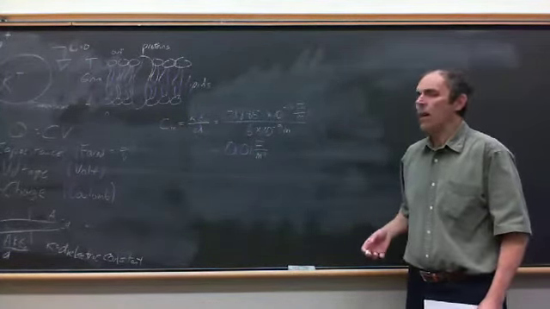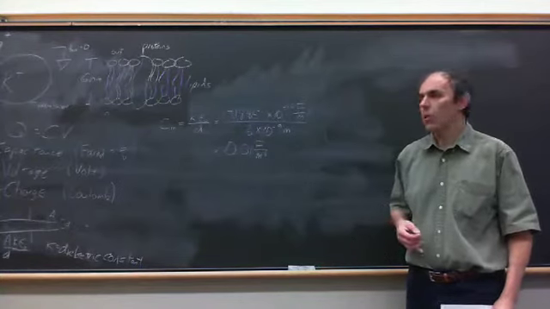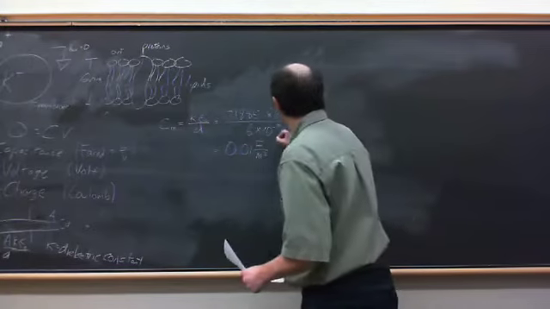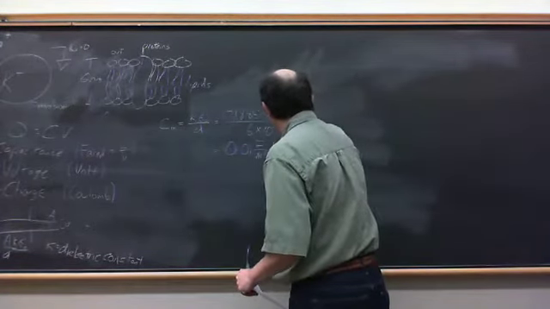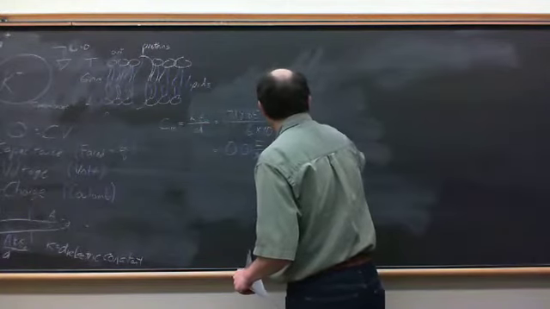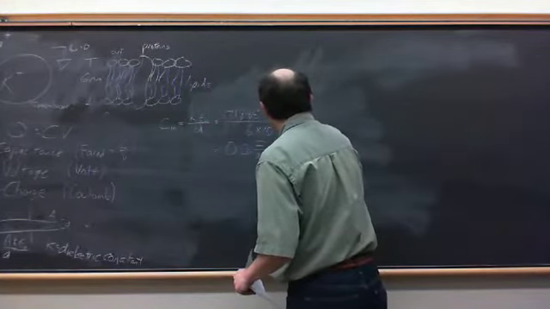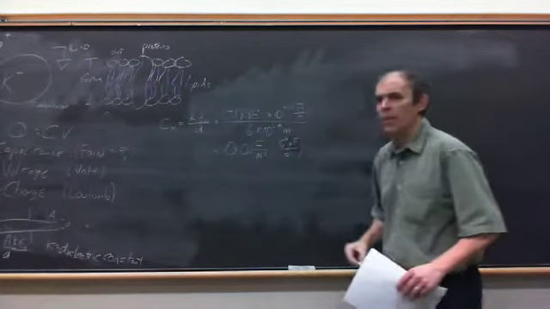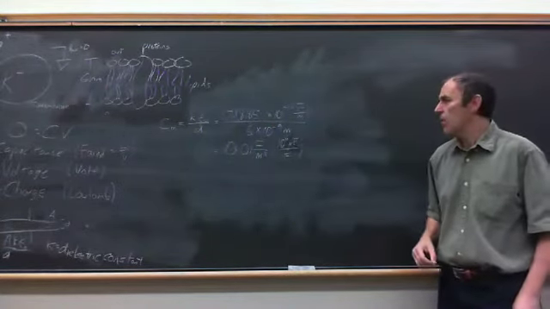Now, oftentimes in older literature, you'll see this written with different units. You'll see this written in microfarads, of which there's 10 to the 6 microfarads per farad. And you'll see the same distances written in centimeters instead of meters.